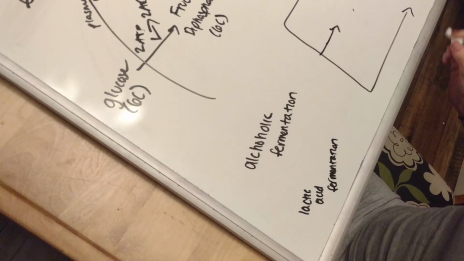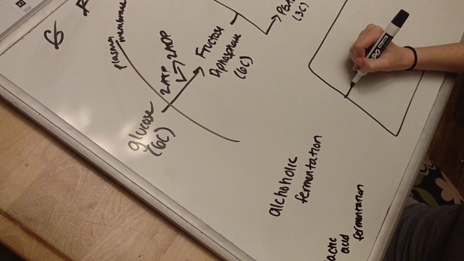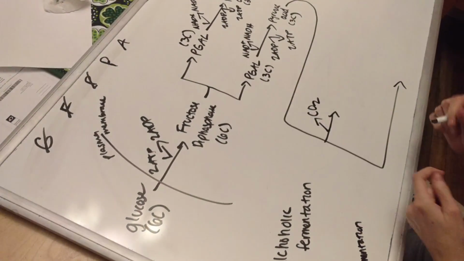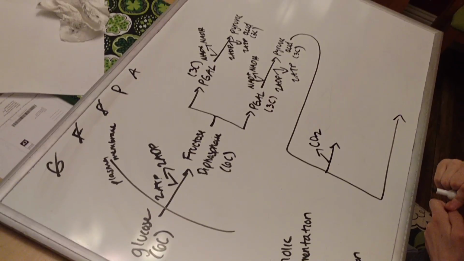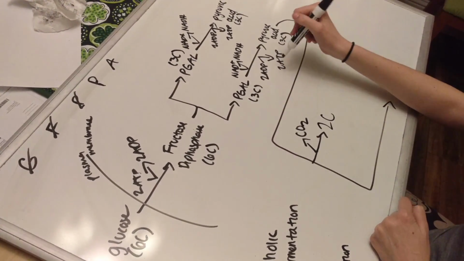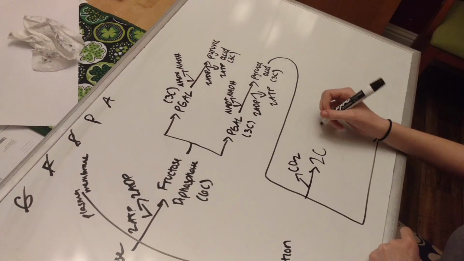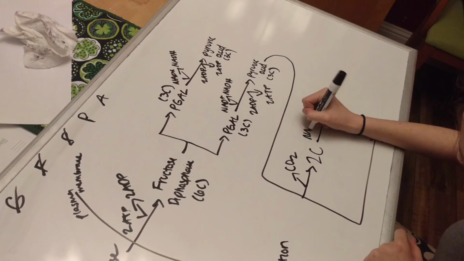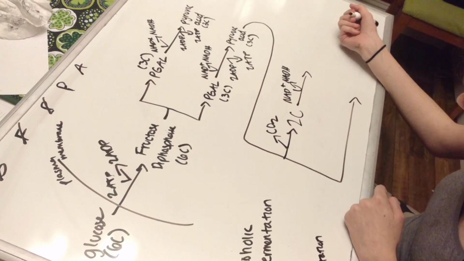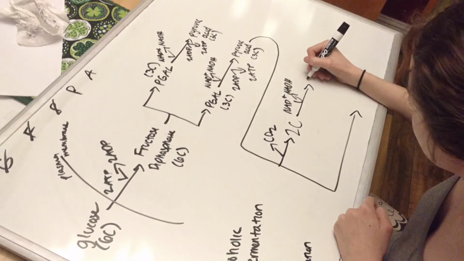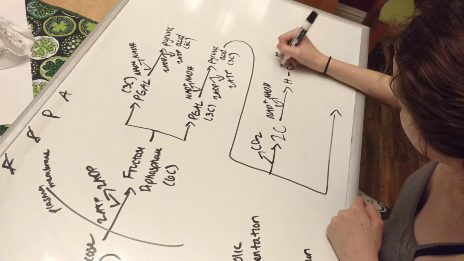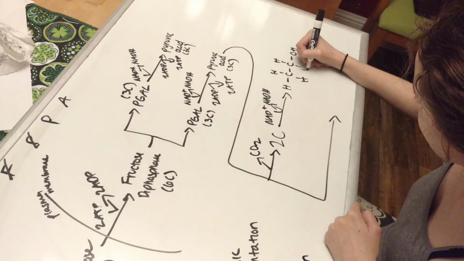fermentation. Okay, so here the alcoholic fermentation starts off losing a CO2 group, and so then it turns into 2 carbons because it lost carbon, because it was at this 3 carbon, lost carbon, turns into 2 carbons, and then you have the NAD plus to NADH again, because that just happens all over the place, and then you get the ethanol, and this is the way to write out ethanol.